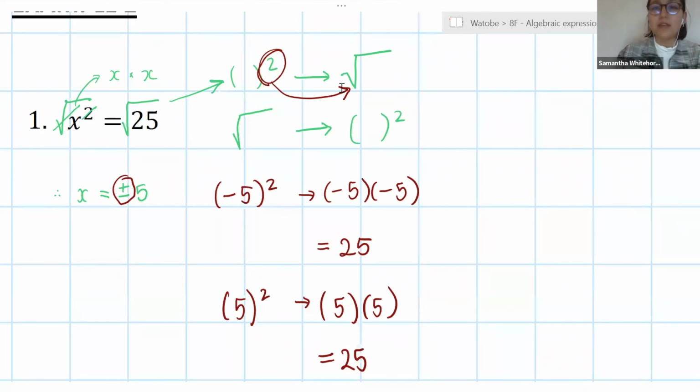And what we then need to bear in mind is that when I square root something, I can actually get a positive or a negative value, because when I multiply two negatives together, I get a positive. And when I multiply two positives together, I also get a positive. So there's actually two possible answers there for me. Okay.